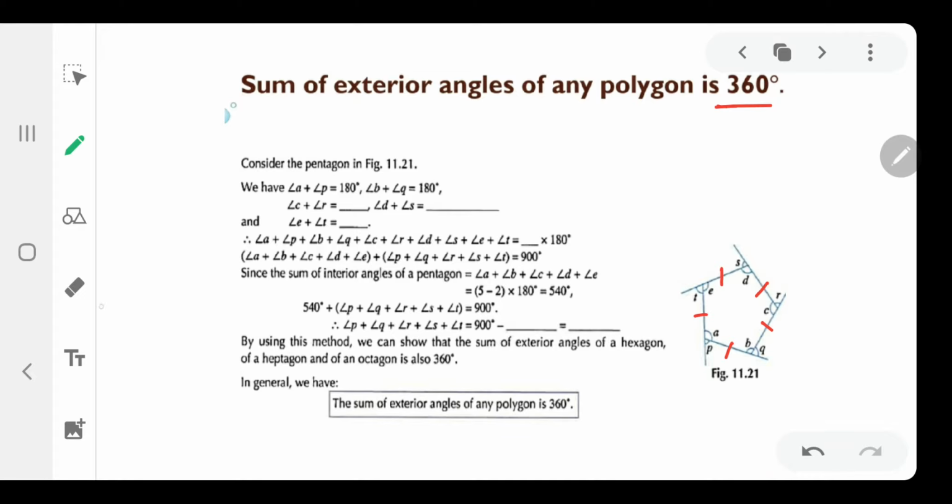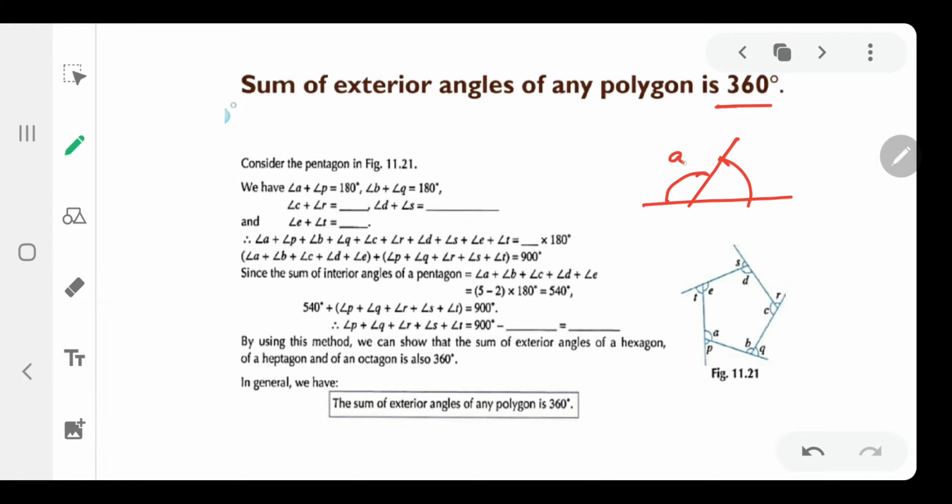So how do we prove it? It is very important to understand. How do we get this result? We will use the combination of interior and exterior angles to find the result. For example, we have a line and two angles made on the line.